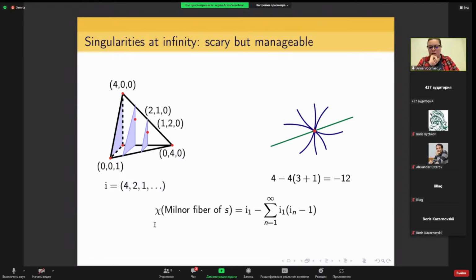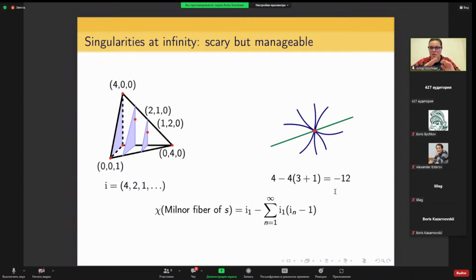Therefore in the formula for the Euler characteristic of the Milnor fiber of S, the sum actually is finite, because starting with some element, all of these summands will have no contribution. So in this case, for this singularity, using this formula we compute that the Euler characteristic of its Milnor fiber is equal to -12.